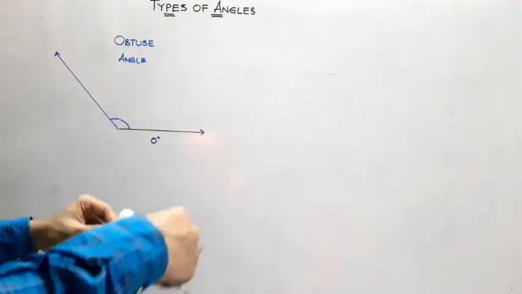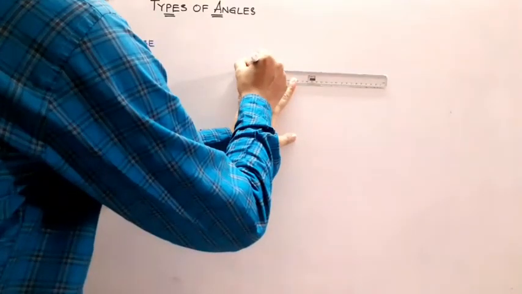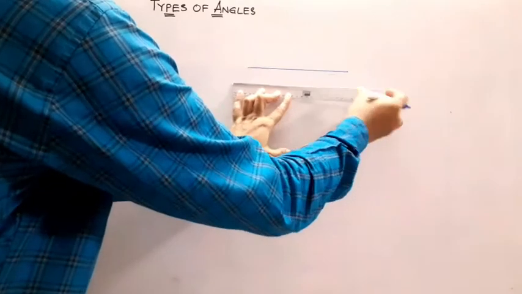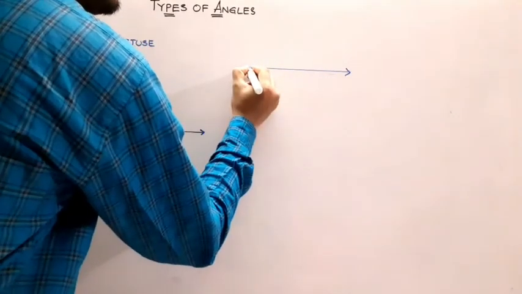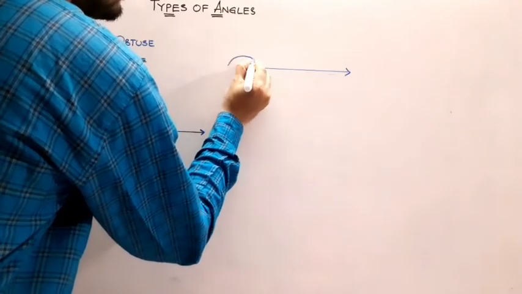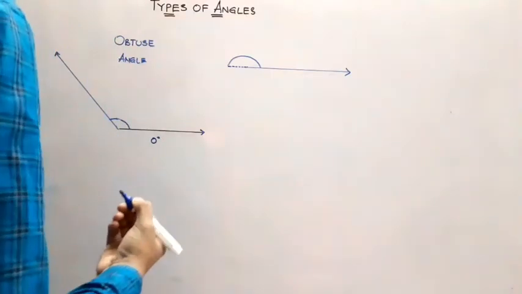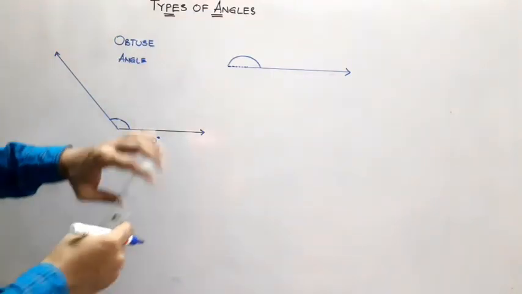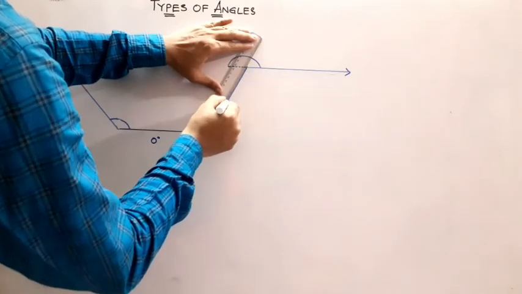Now, please look at the board carefully. I am going to take a straight angle. As you know, what is the measure of a straight angle? It is 180 degrees. The measure of a straight angle is 180 degrees. What I want to do is, I want an angle which is more than 180 like this.